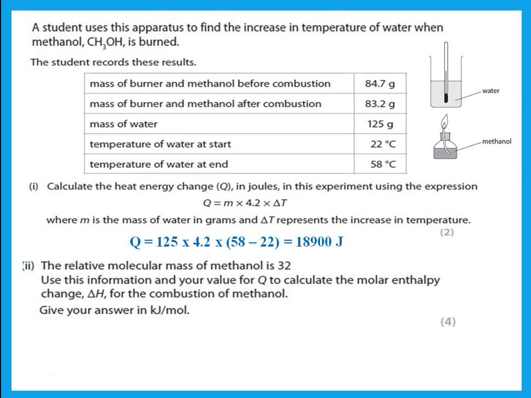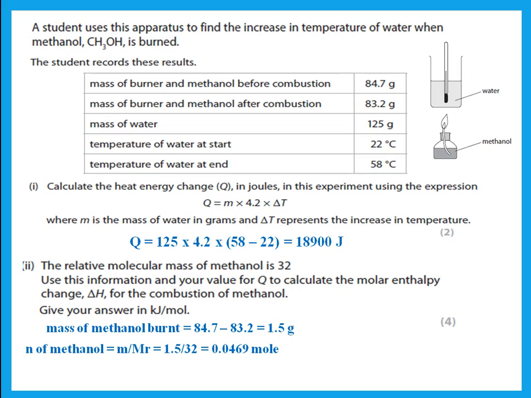What is the mass of methanol used? Well, if you look at the table, he says mass of burner and methanol before burning and mass of burner and methanol after burning. So the difference between that will give you the amount of methanol that was actually burnt.